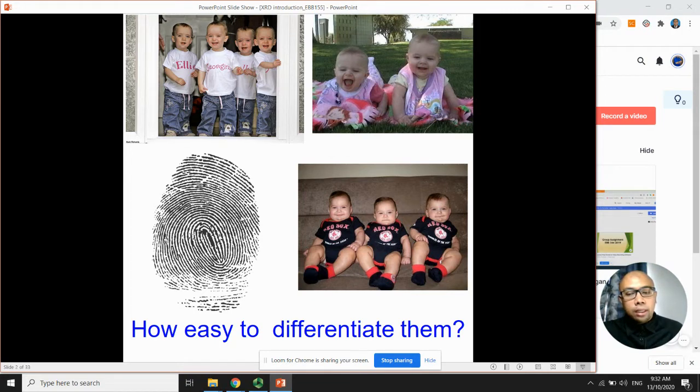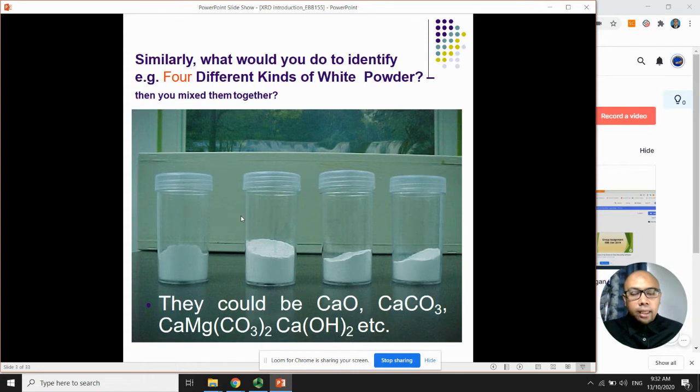So the best way to differentiate them is by using their fingerprints.